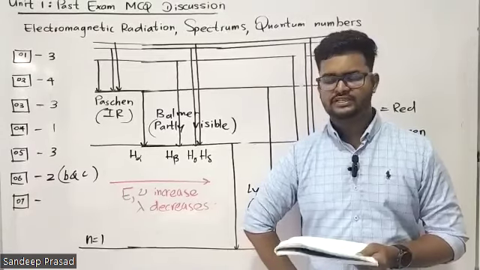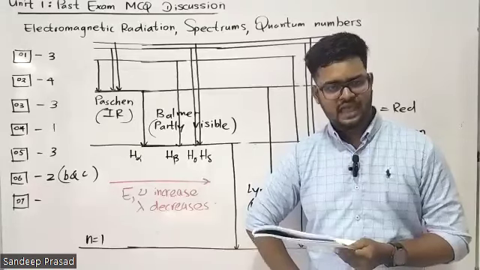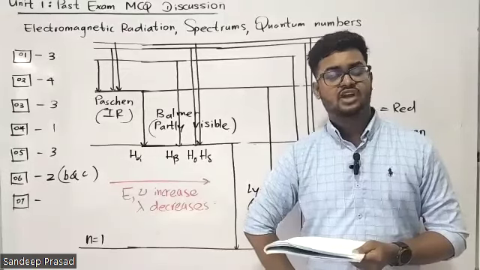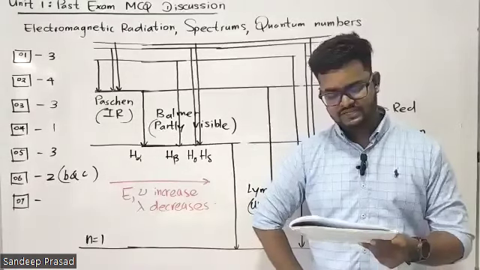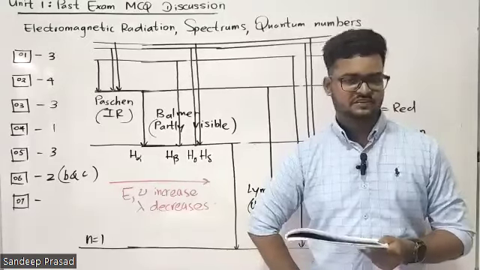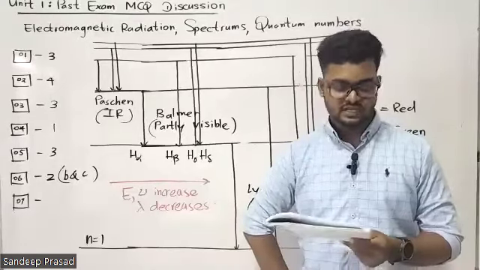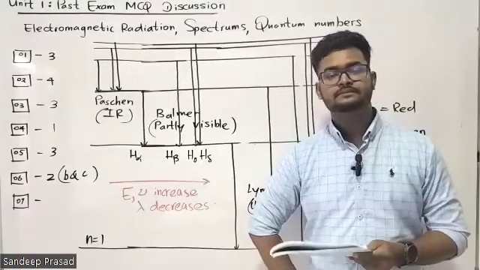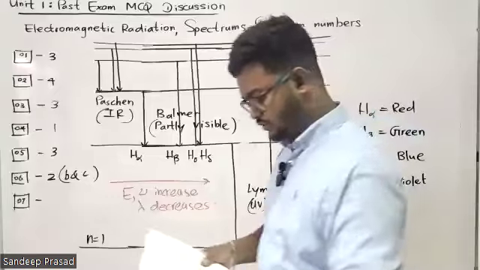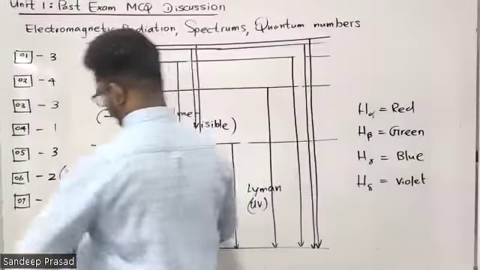So charge wise, who is greater? Alpha. So we can say that here charge matters. So the answer for this one is second. Question number 7, answer is second one. The second statement is not explaining the first one properly.